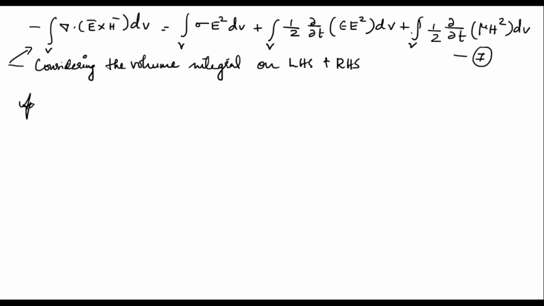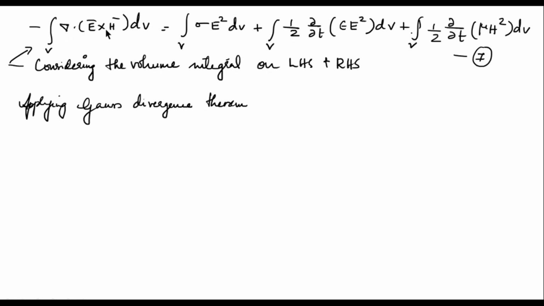The next step is applying Gauss divergence theorem. Gauss divergence theorem converts the volume integral to surface integral, or the surface integral to volume integral. So I'm going to convert this left hand side to a surface integral.